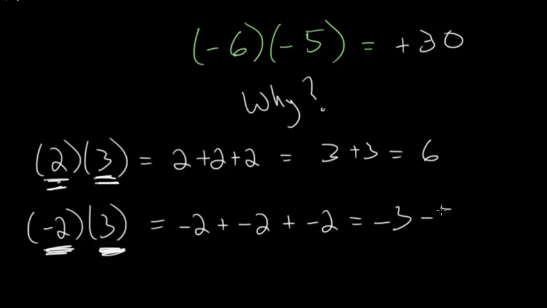Let me rewrite that. When you're adding a negative, it's the same thing as subtracting, so this problem just becomes minus 2, minus 2, minus 2. In both cases, you get negative 6, when you're subtracting 3 twice, or adding negative 2 three times.